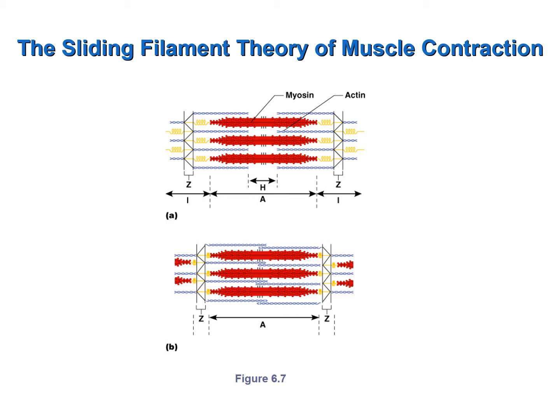Contraction of the sarcomere leads to contraction of the entire myofibril. Contraction of all the myofibrils of the skeletal muscle fiber causes the skeletal muscle fiber as a whole to contract. And as all the skeletal muscle fibers of a muscle contract, that muscle, the organ, contracts.